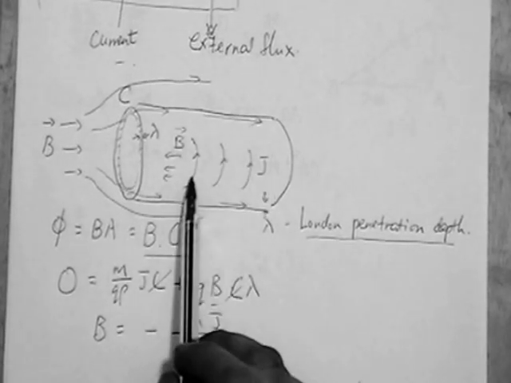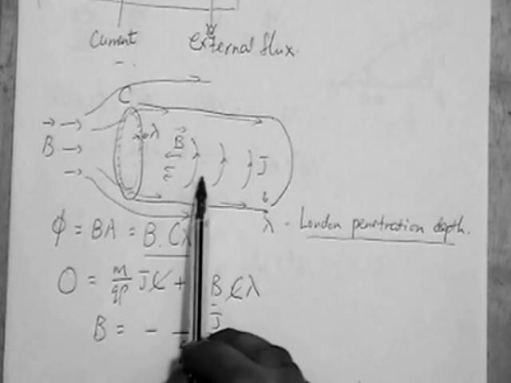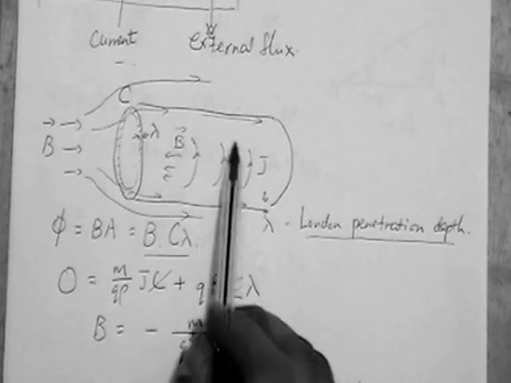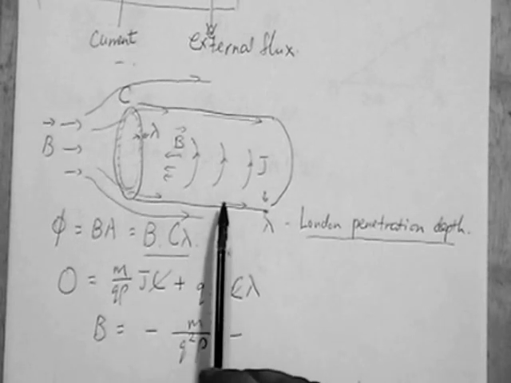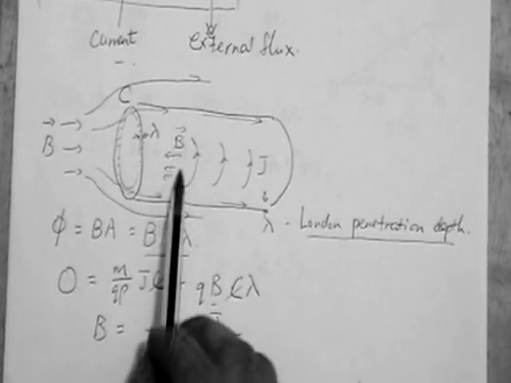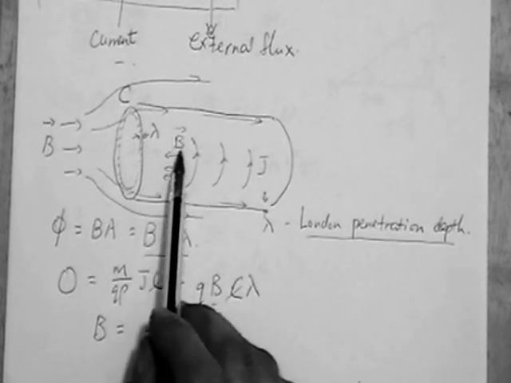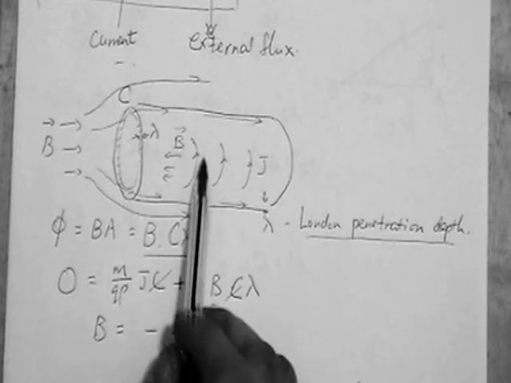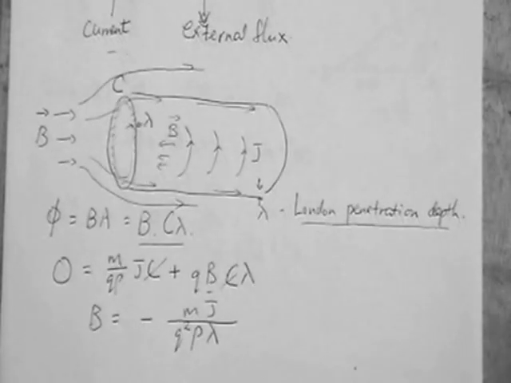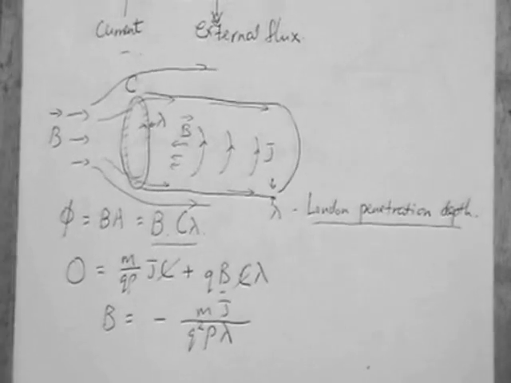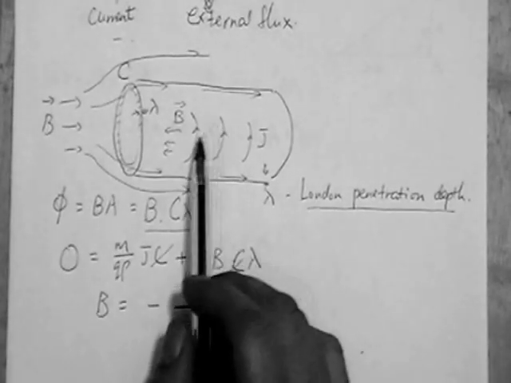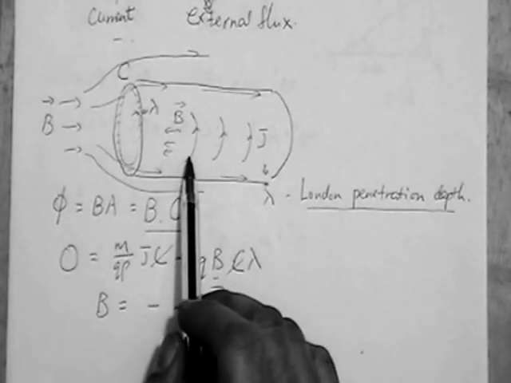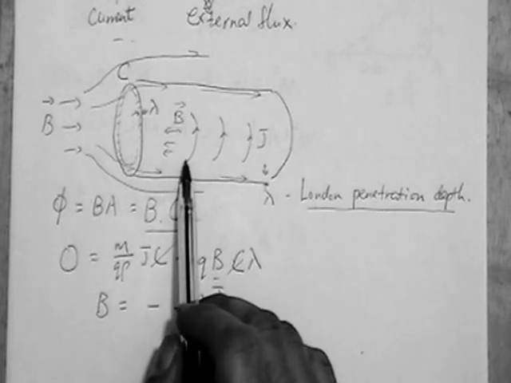Now actually, given this circulating current, we know how to find the magnetic field that is produced by this circulating current. The formula is just the formula for a solenoid.